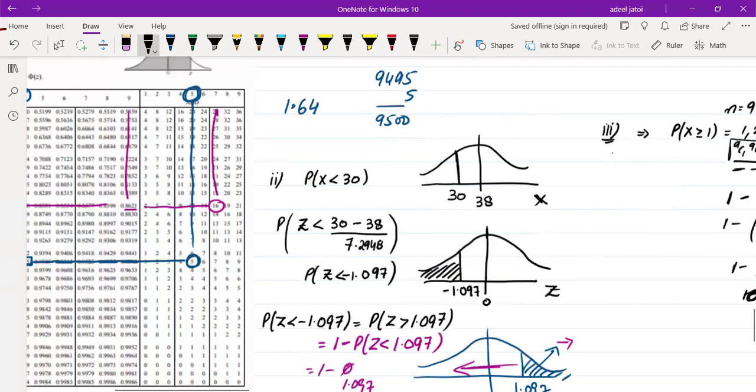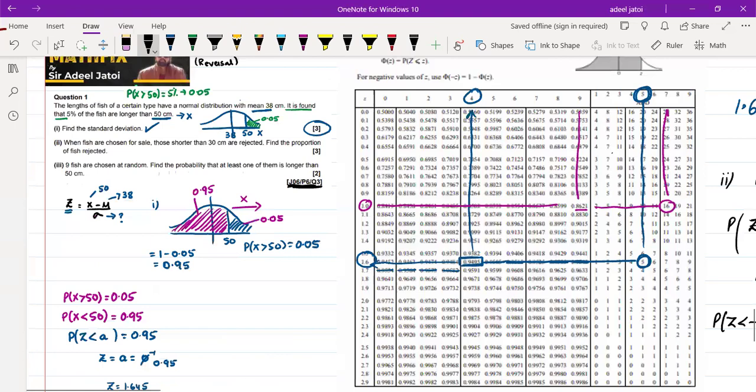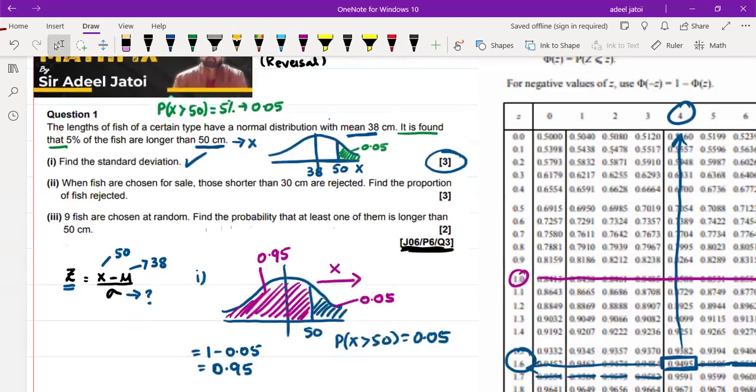This question is from normal in part 1 and part 2, and the examiner tested binomial in part 3. So it's very simple to give the answer of binomial, because for binomial, normally discrete data will be given to you. Like now, 9 fish are chosen at random. So there were 9 fishes, so n is equal to 9.